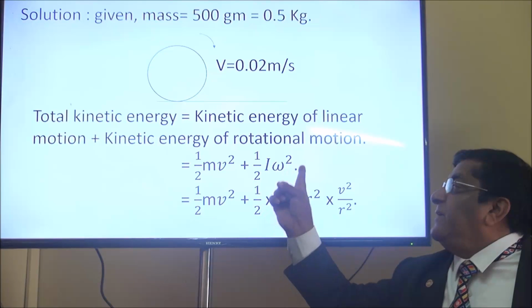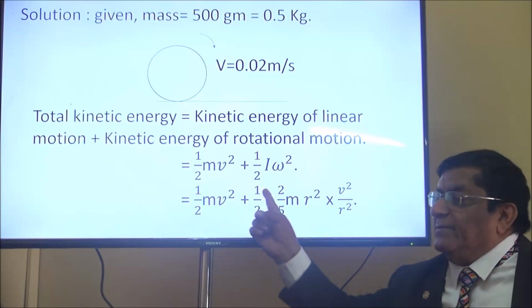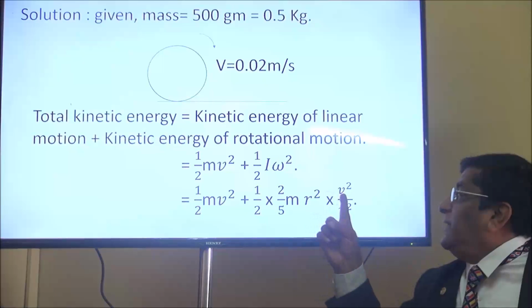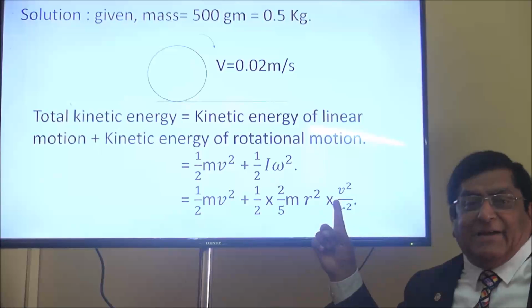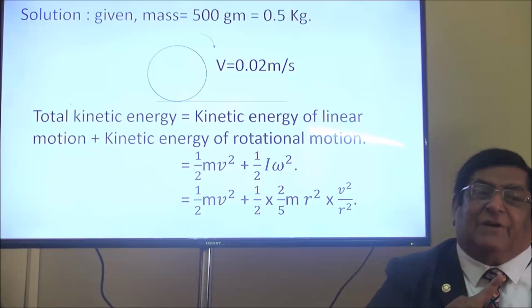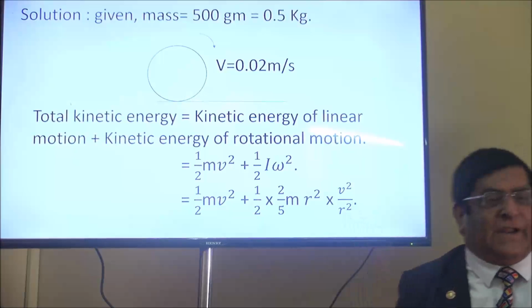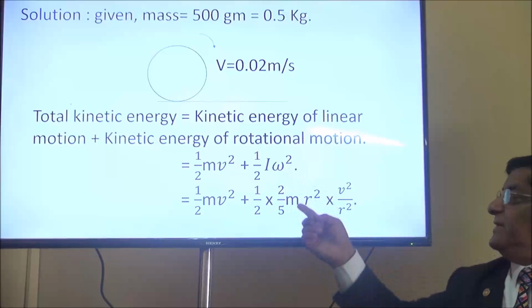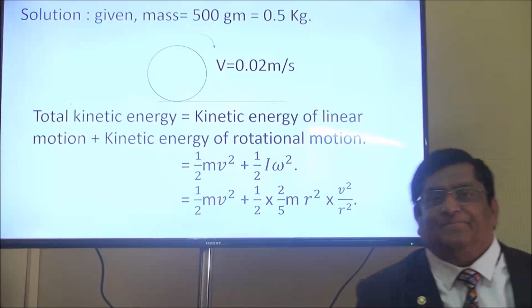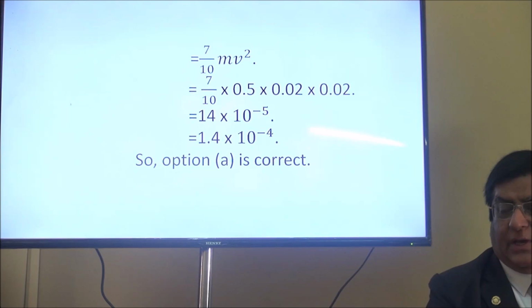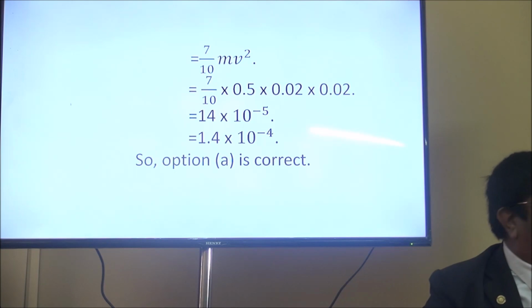Because m and v are given, we will break up this one to convert it into m, the omega to be converted to v. Understand? If I and omega is given to us, then we will convert this into I omega. Right. So please convert it and find out the answer. Okay. We go to the next question.